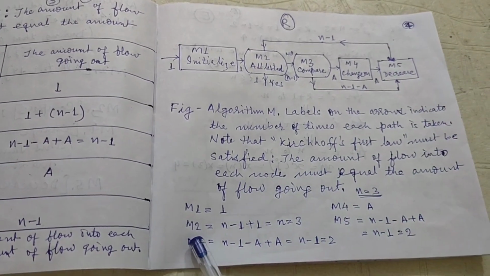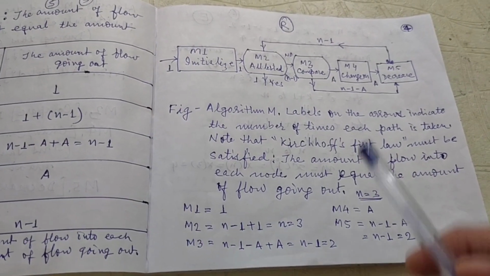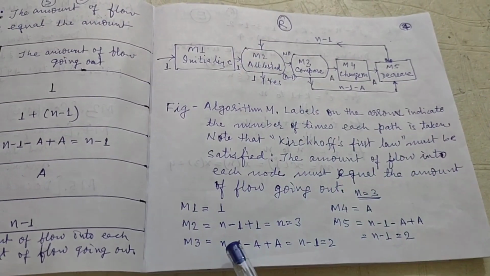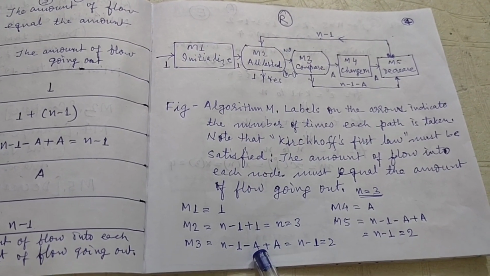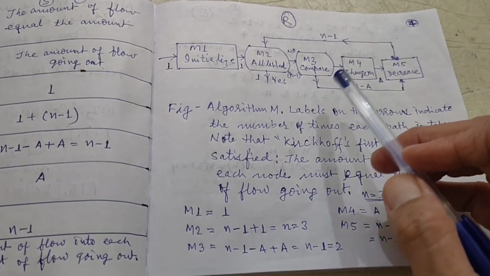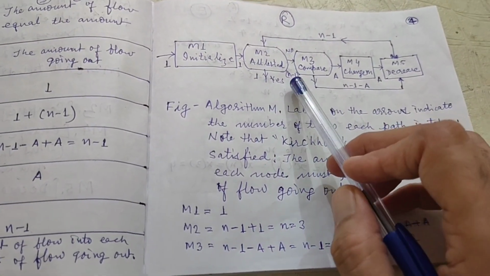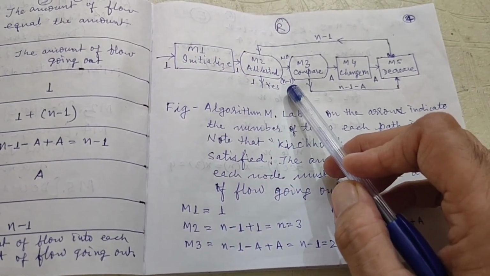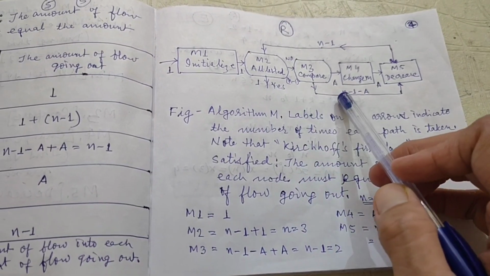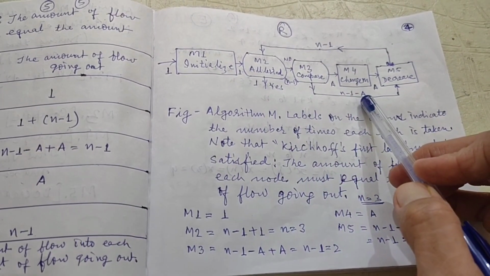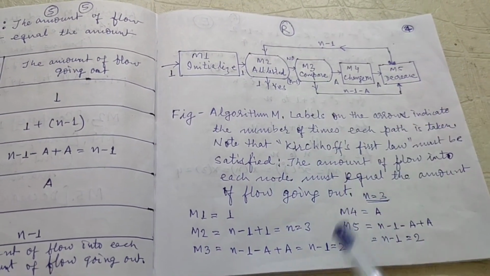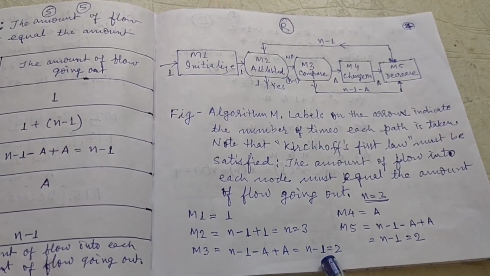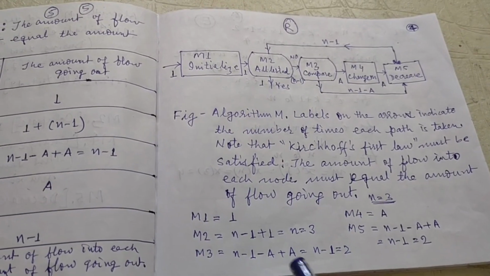So M3 will be n minus 1 minus A, plus A. So this is n minus 1, which is 2 because n is 3.